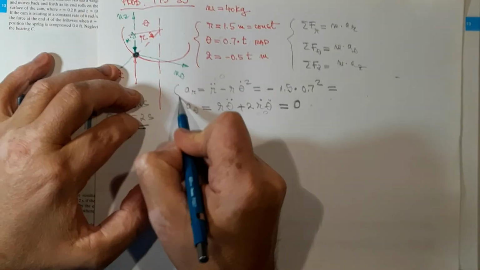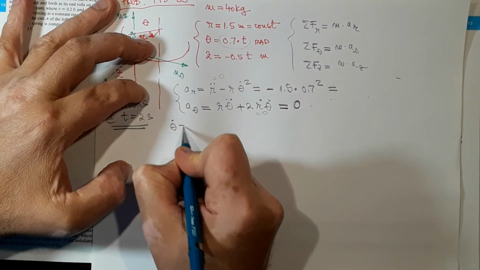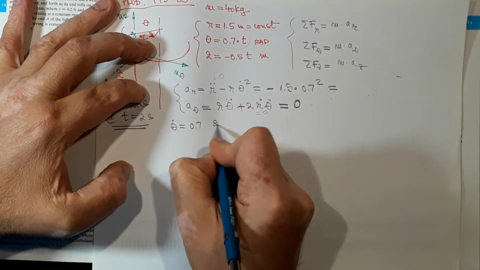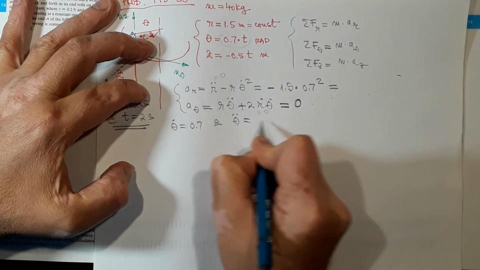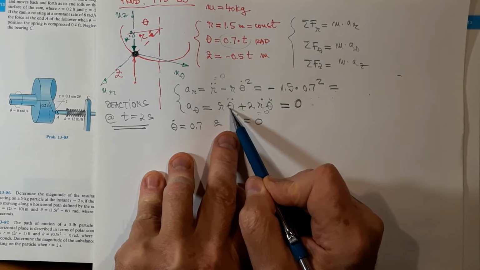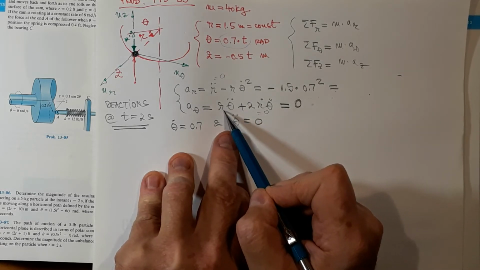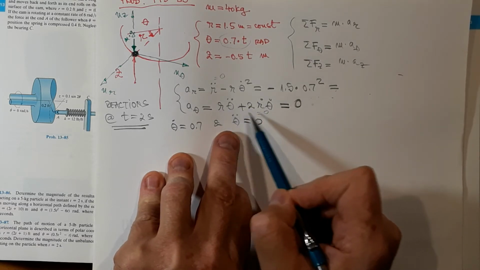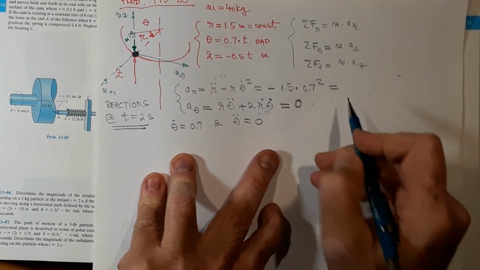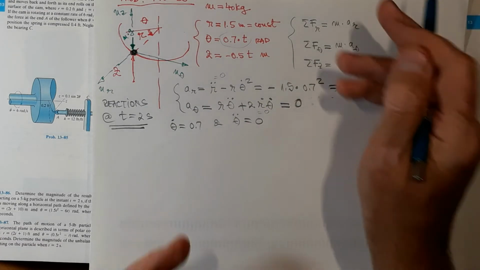Why is that? Theta dot is going to be 0.7, and theta double dot is just going to be 0, derivative of a constant. r is a constant, so that's 0, and r dot is 0, and the whole thing is 0. So the radial one becomes the only non-zero.